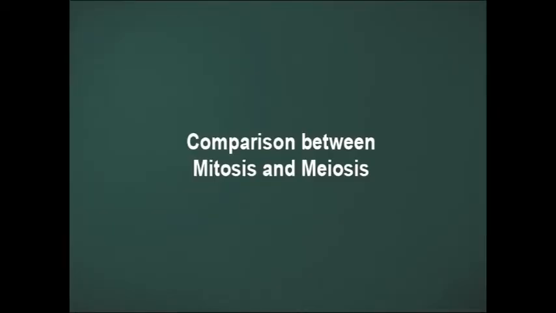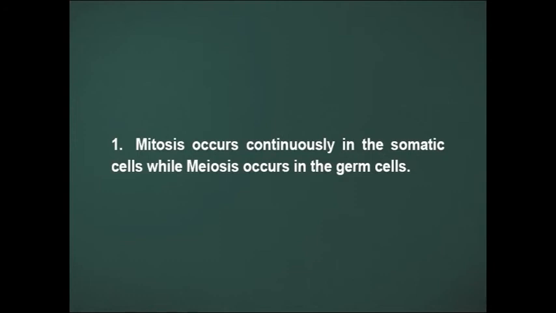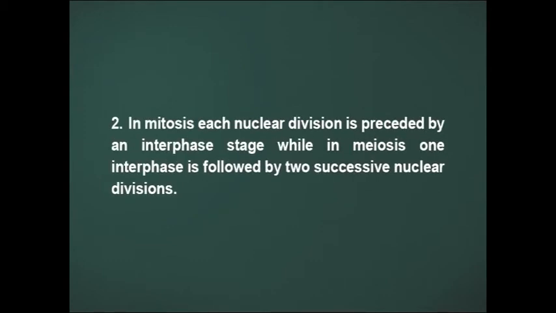Now, let's look at a comparison between mitosis and meiosis. Number 1. Mitosis occurs continuously in the somatic cells, while meiosis occurs in the germ cells. Number 2.